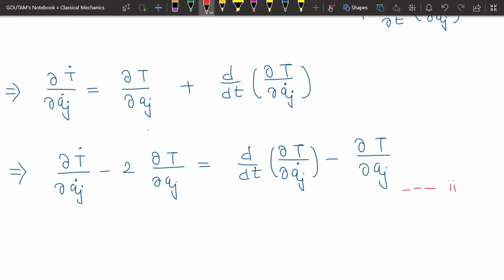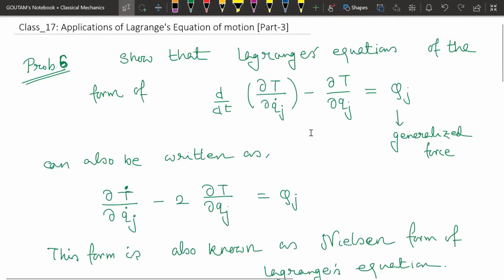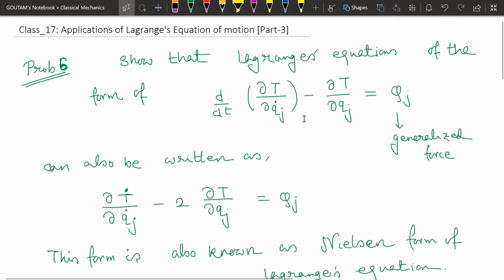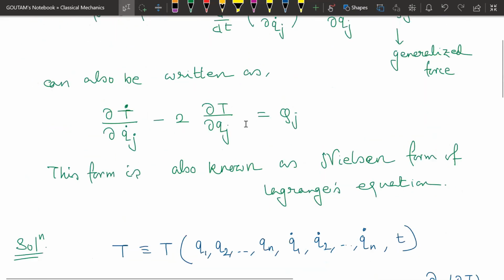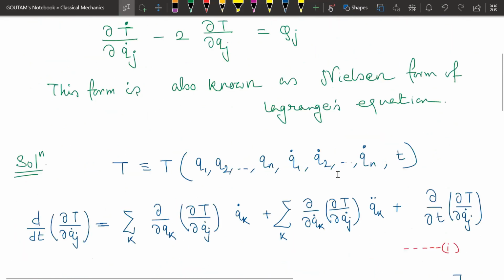So we are almost done. So we got this right hand side, and this term equals the right hand side of this Nielsen equation. So this is the Nielsen form, right?